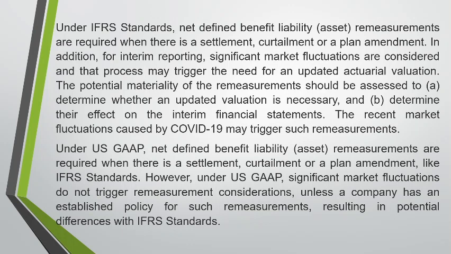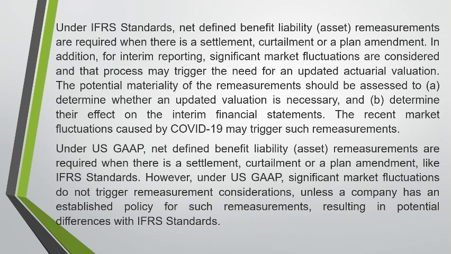In addition, for interim reporting, significant market fluctuations are considered, and that process may trigger the need for an updated actuarial valuation. The potential materiality of the measurement should be assessed to determine whether an updated valuation is necessary, and to determine its effect on the interim financial statements. The recent market fluctuation caused by COVID-19 may trigger such a measurement.